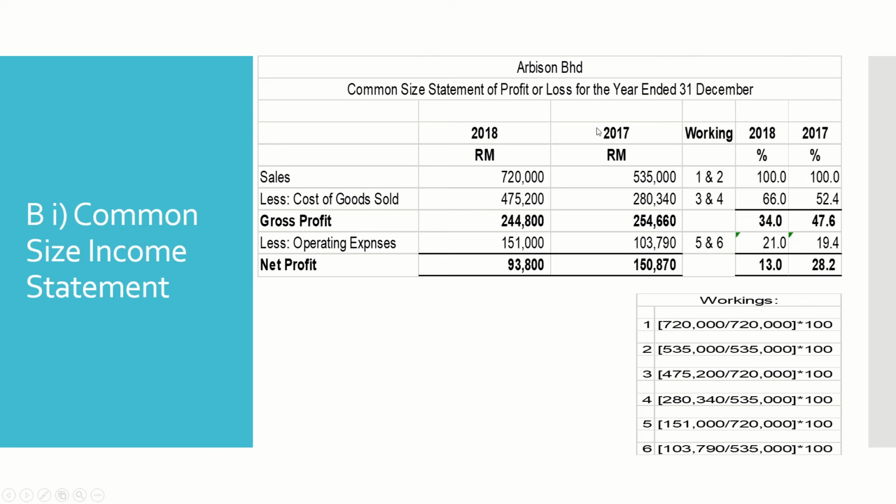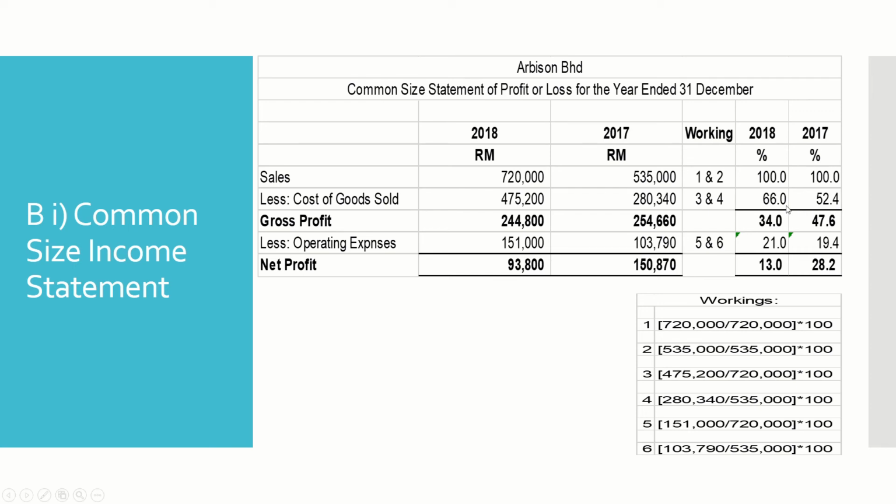Cost of goods sold 2017 is 280,340. You divide it with the amount of sale for 2017, which is 535,000 times 100. The answer is 52.4%.